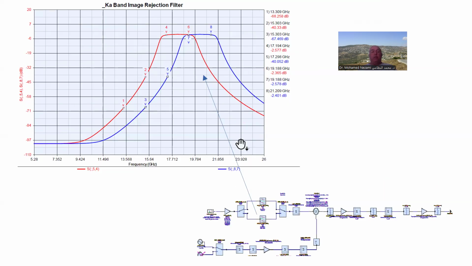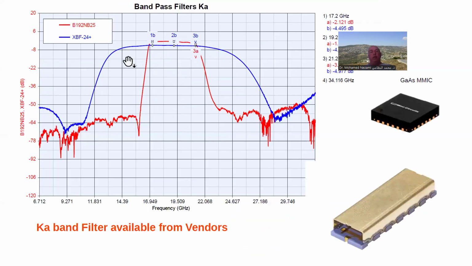Now this filter in here, I'm going to design using microstrip, and I did design one for a customer in New York about a year ago, which worked really fine as part of a Ka band system. But early on, I started to look around and see if I could consider some of these filters that are starting to come out, for instance from Knowles, the red curve in here.